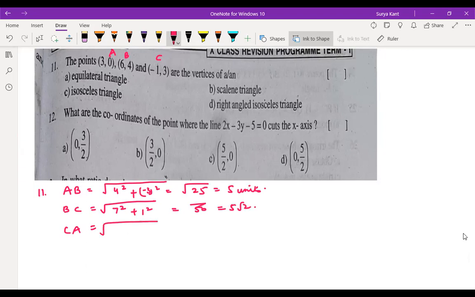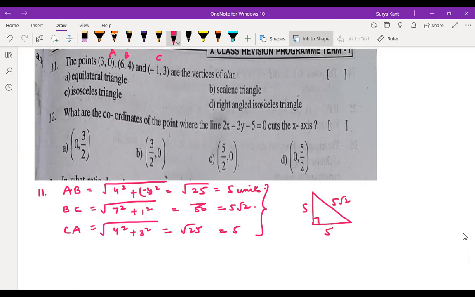And CA is also coming 25, I think. This is A to C, right? 4 square plus 3 square. Isosceles, this is also 5. Isosceles and right angle, right angle also, right? If this is 5 and 5, this will be 5 root 2.